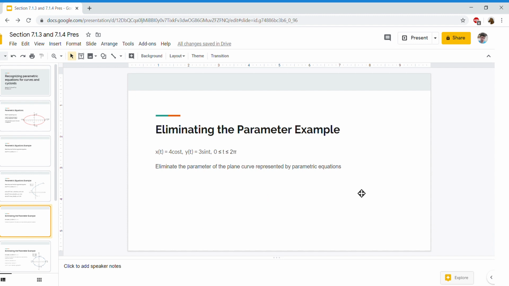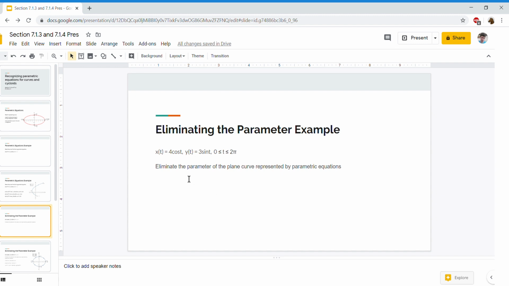With parametric equations, you might be asked to eliminate the parameter. So this one's also pretty straightforward. All you're doing is pretty much just going backwards, right? You're given parametric equations, and you're trying to simplify it or go back to having just a function in terms of x and y. So you're trying to go back to one function.